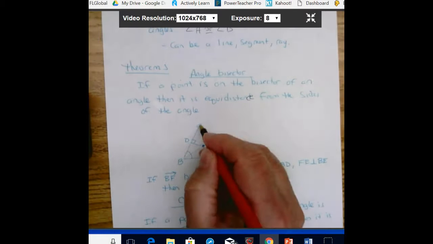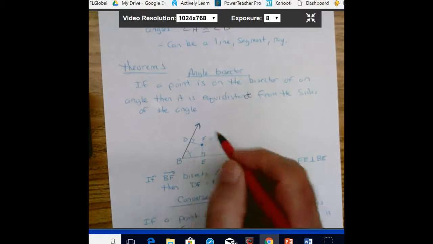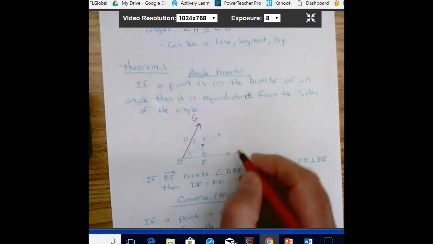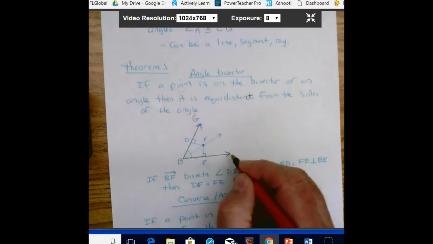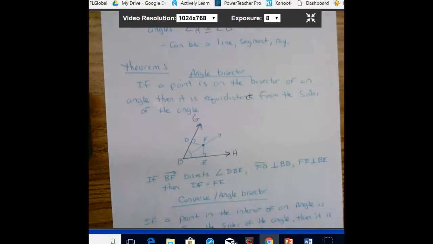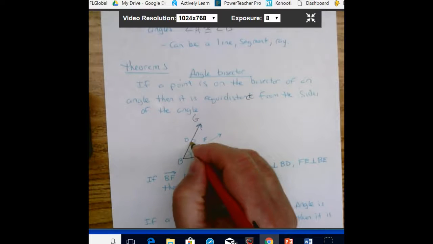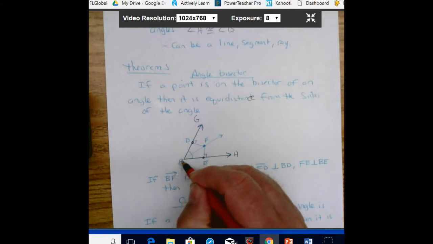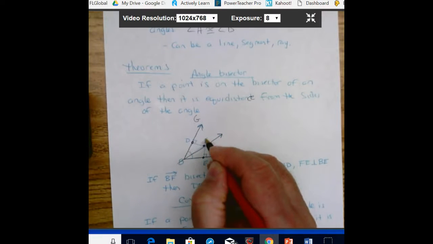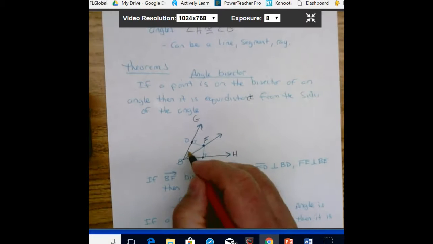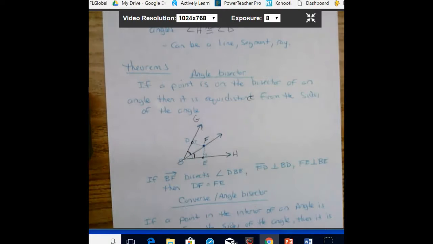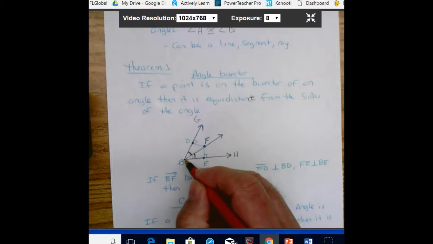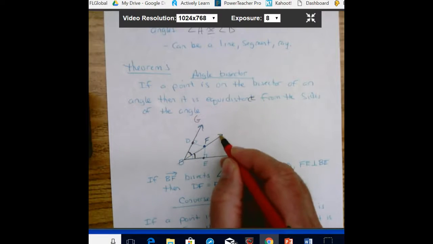So if we have this angle right here, we have B, and out here we could call this G, and another one here, H. If we had some points along this line, D and E, and we had this angle bisector going through it with point F on it, we could say this angle and this angle are the same, so this is an angle bisector.